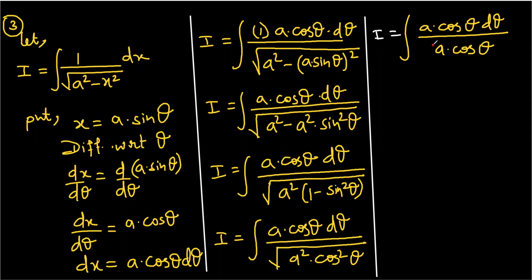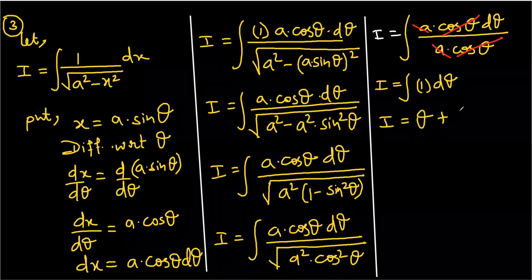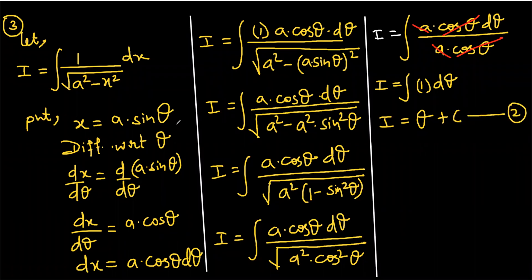So a cancels, cos theta cancels. I am left with I equals integral 1 d theta. So this is I, and 1 d theta is theta plus c. This is equation number 1. So my integral is over, definitely.